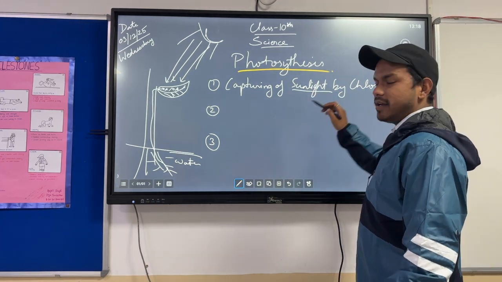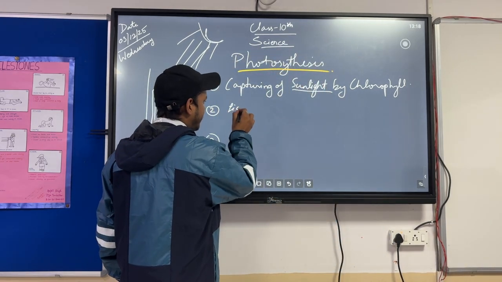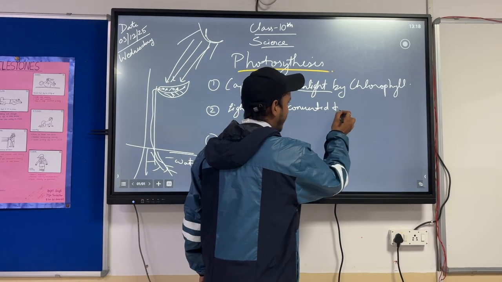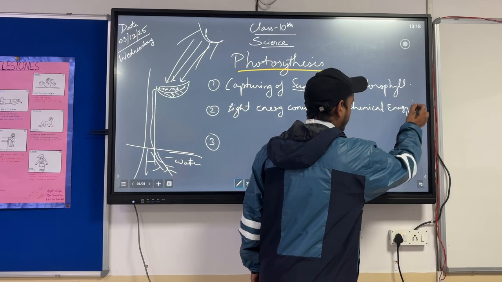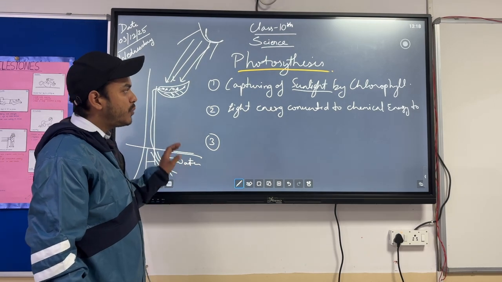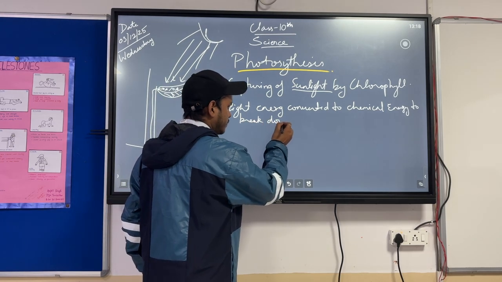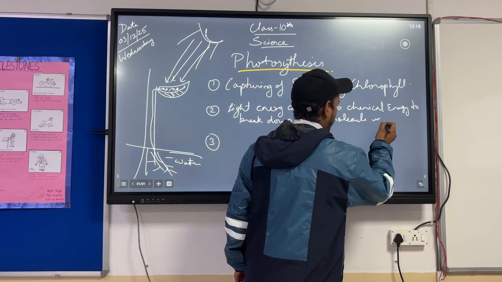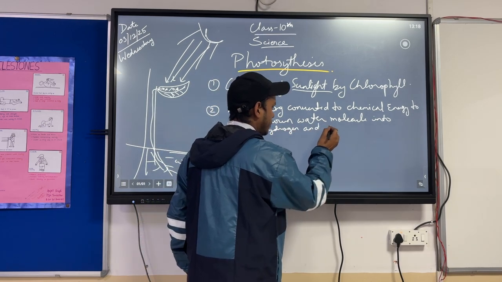This sunlight, the light energy, is converted into chemical energy, and that chemical energy is used to break down the water molecules absorbed by the root from the soil into hydrogen and oxygen.